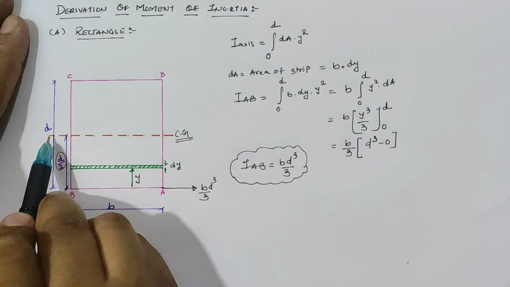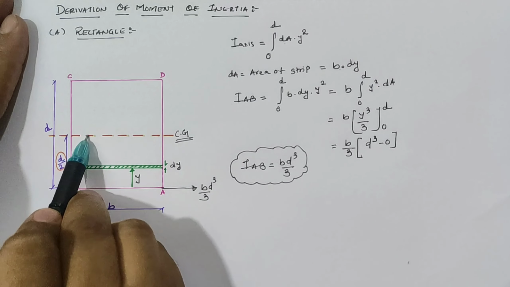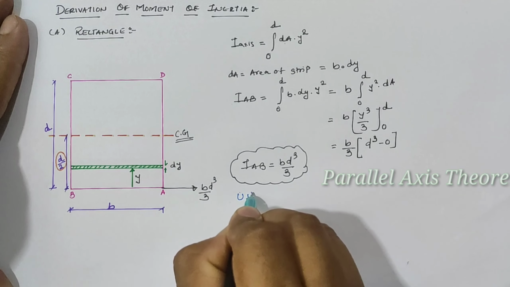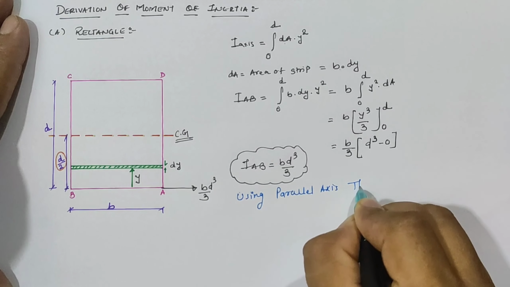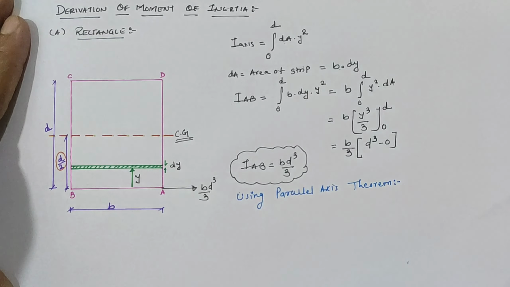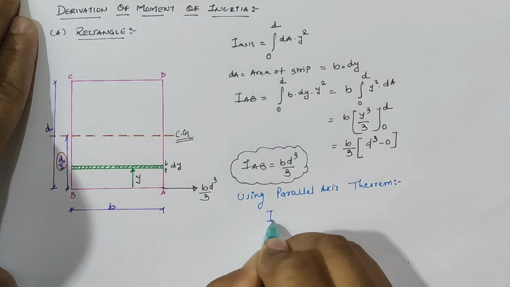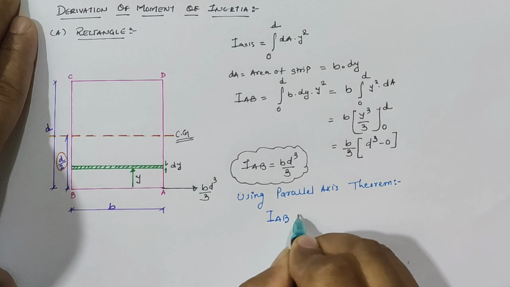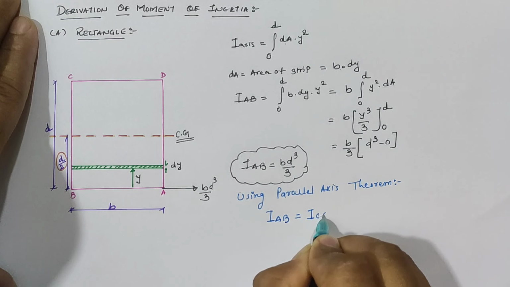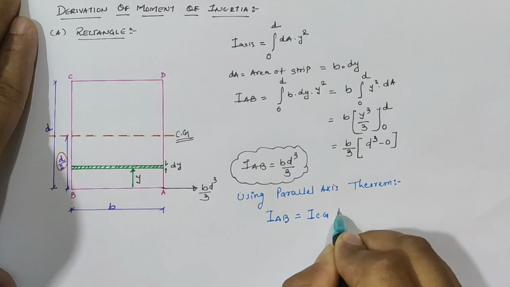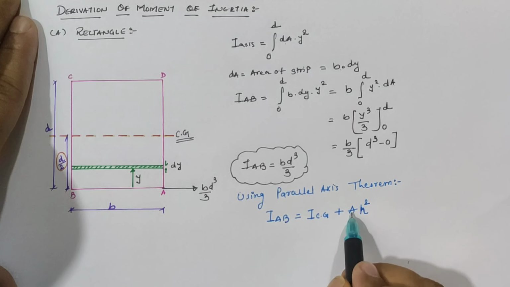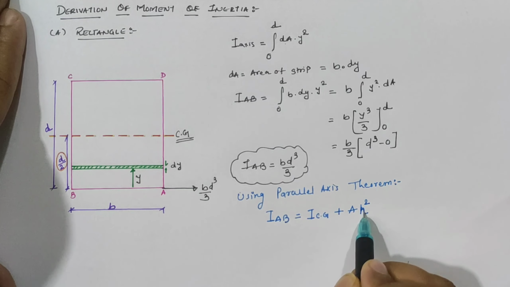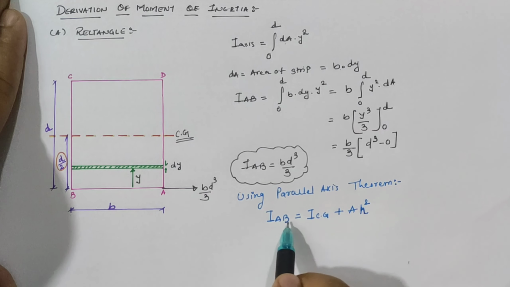If we have to find out the value of moment of inertia with respect to the CG axis, then using the parallel axis theorem, which states that the moment of inertia with respect to any axis is equal to I_CG, or moment of inertia with respect to CG, plus A into h square, where A is the area of element and h is the distance from the CG of the element to the axis about which the moment of inertia is going to be calculated.